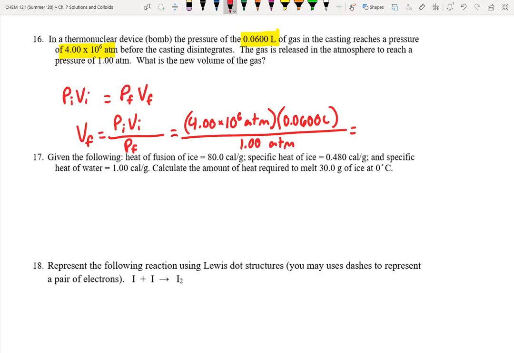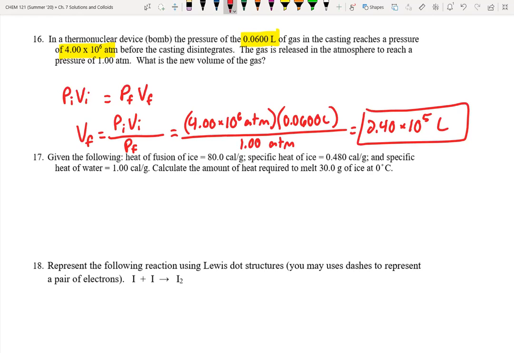So let's go ahead and do this math. I'm getting, what would that be? 2.40 times 10 to the 5th liters as my final answer.